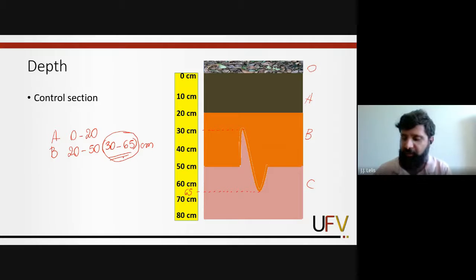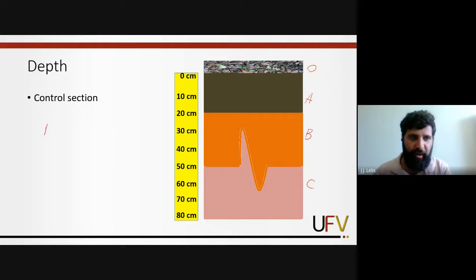We have to insert that we have some depths that change in the soil profile, okay?